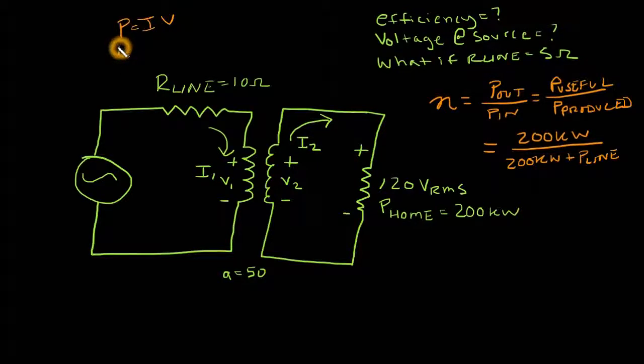But we know we have a couple other forms of this equation. So one, P equals I squared R, and then we also have P equals V squared over R. So think about how we can find these things. Well, I know I can find my current over here using P equals IV.